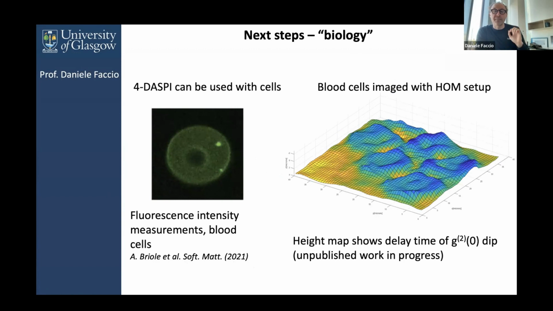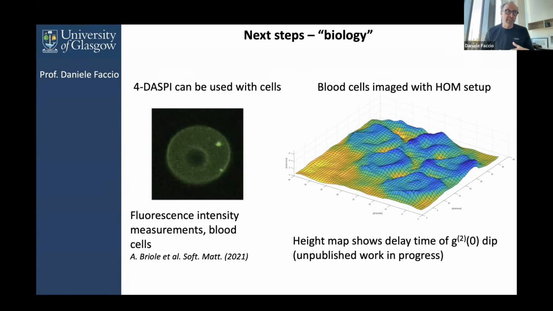This is just a passive Hong-Ou-Mandel image of blood cells, where you can clearly see the shape of the blood cells. Here we're just measuring the temporal delay of photons as they go through the blood cell. So this is just showing that you can use Hong-Ou-Mandel or photon bunching to measure the blood cells.